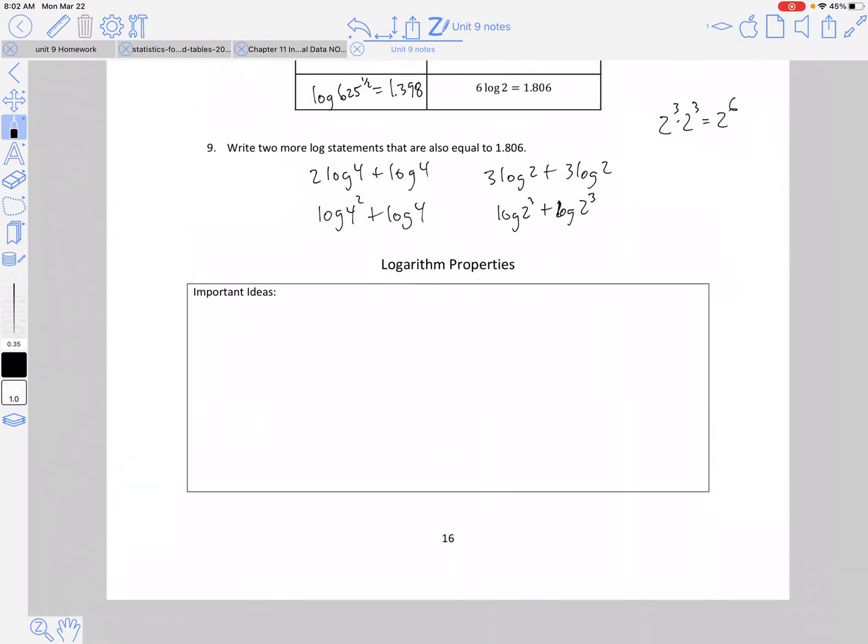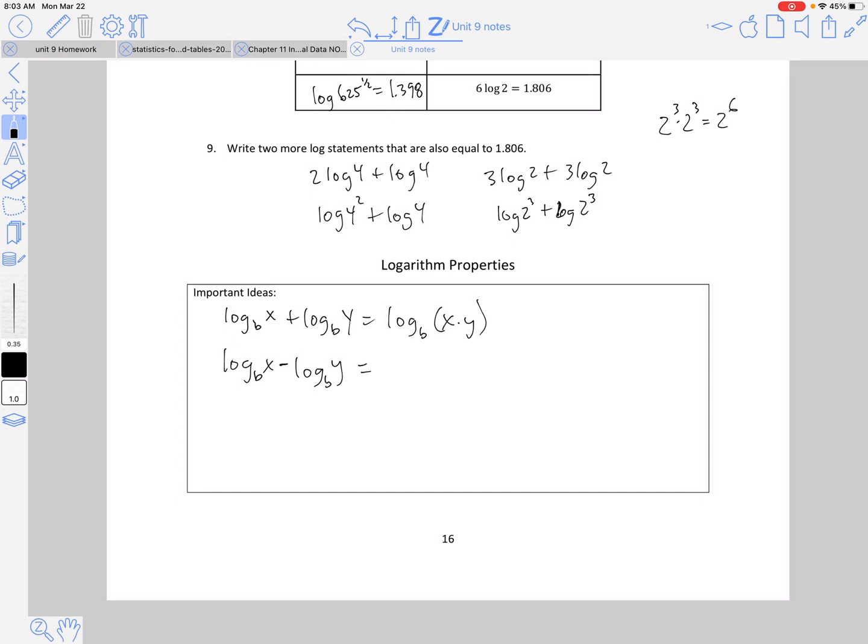All right, so let's put this all together. So if you have a log base x plus log base y, it'll equal log base x times y. If you have log base x minus log base y, that's a subtract sign. Let's clean that up a little bit.